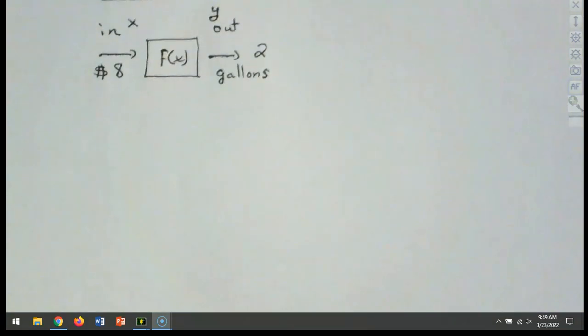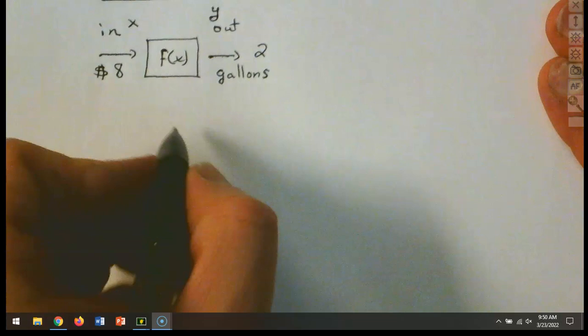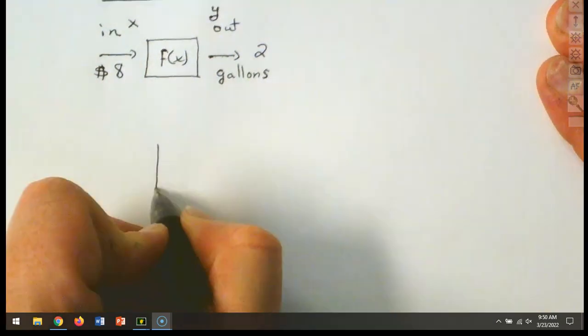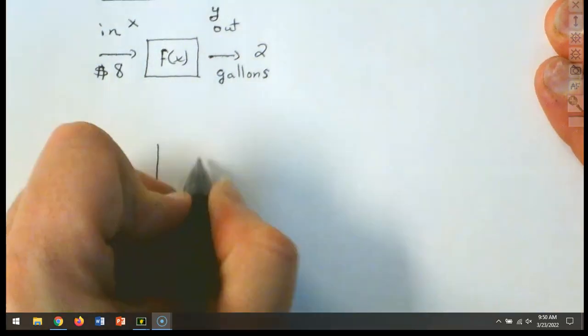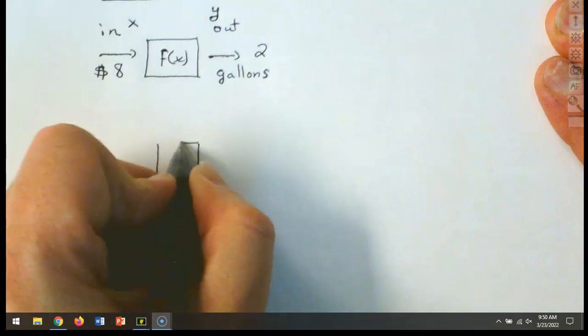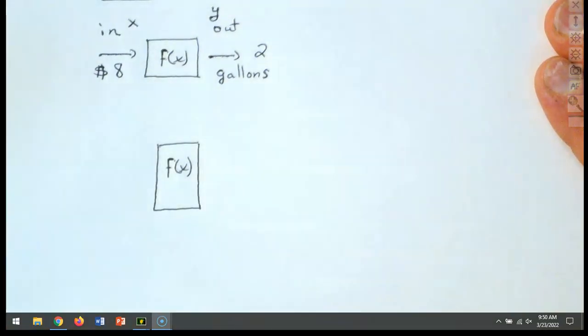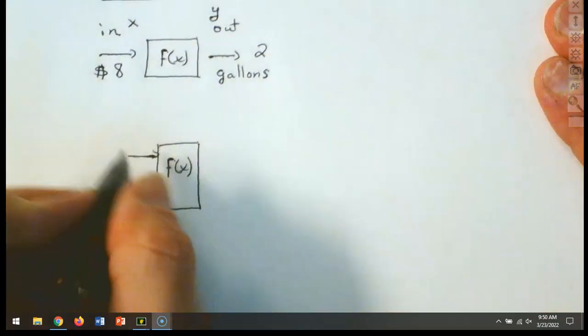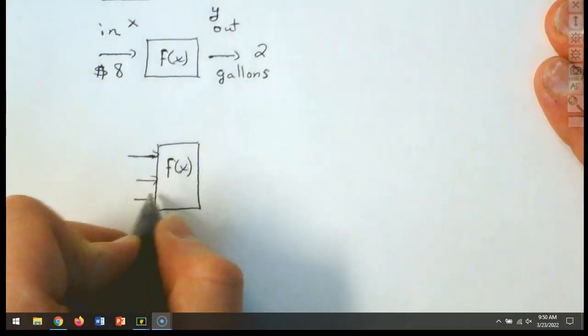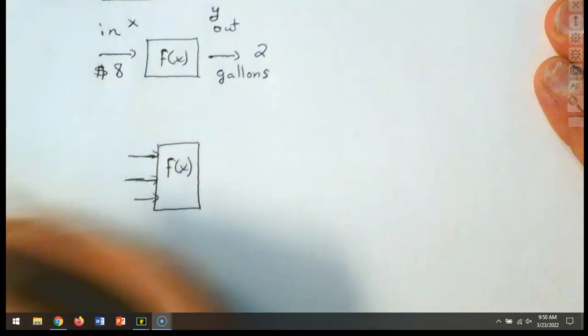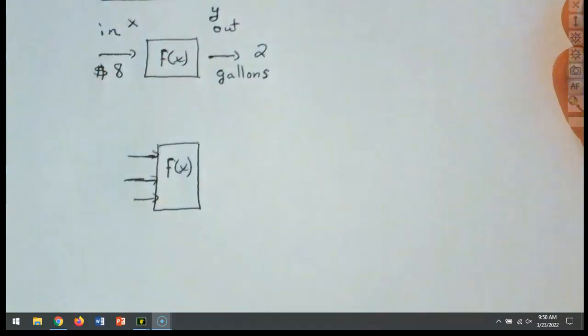Now, when you go to the gas station, there's not just one type of gas, there's different types of gas, right? So when you go to the gas station, this is another example of a function. There's 2 or 3 different types of gasolines, and each one of them has a different price.